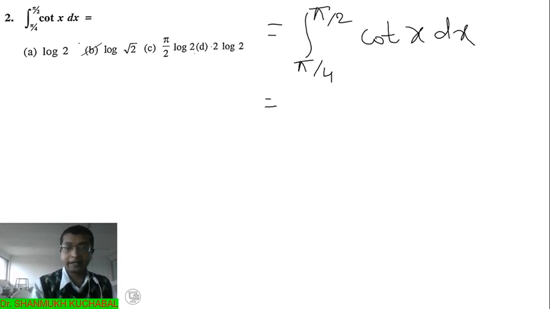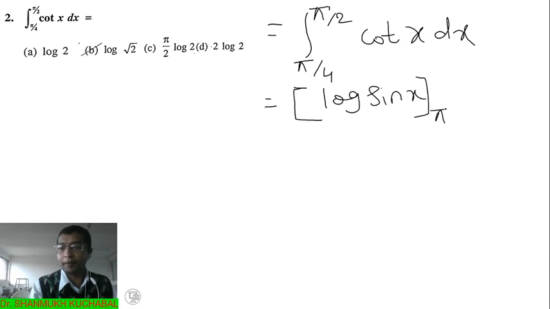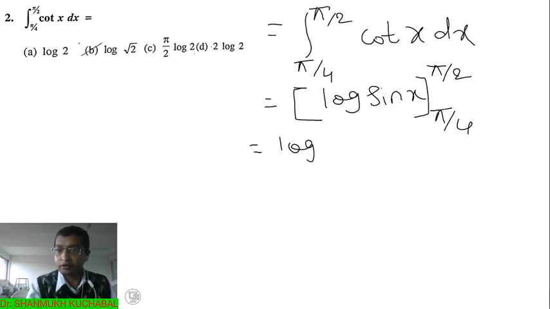Cot x integration is log of sin x, and the limit is from pi by 4 to pi by 2. Now we take the value of x equal to the upper limit, that is log sin pi by 2. Sin pi by 2 is sin 90 degrees, it is 1, minus the value at the lower limit, that is log sin pi by 4, that is 1 by root 2.